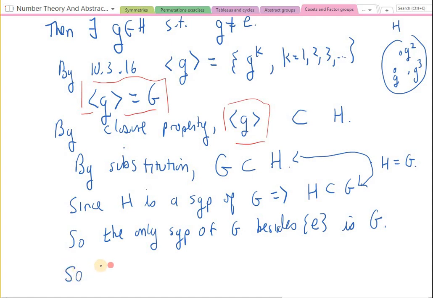Okay, so that means the only proper subgroup of big G is this.